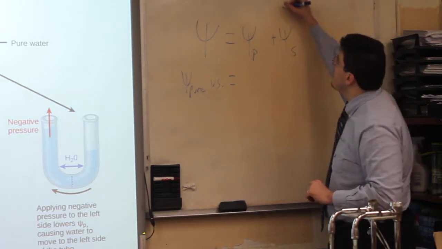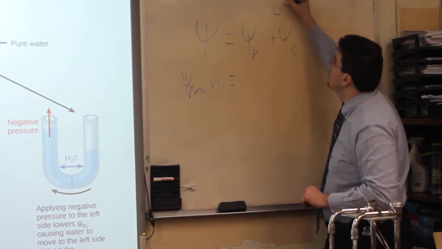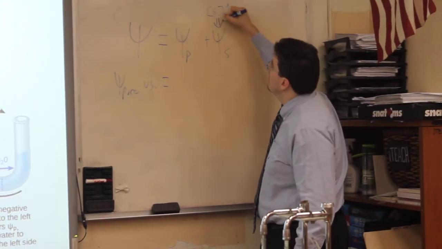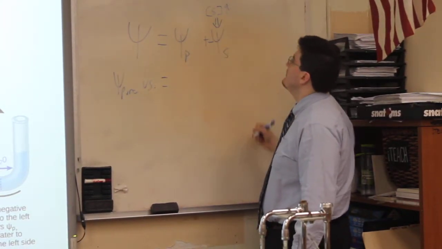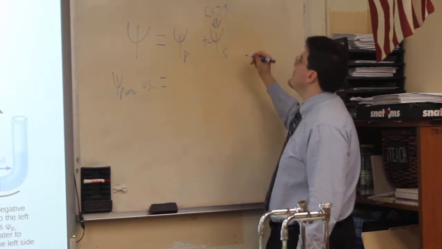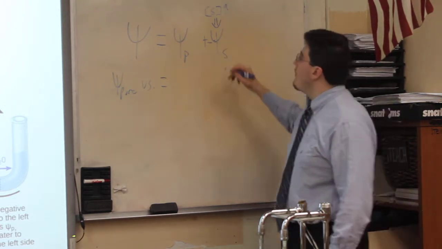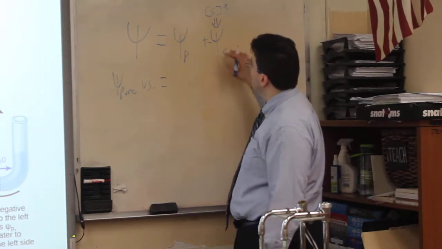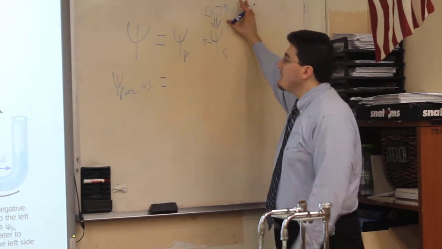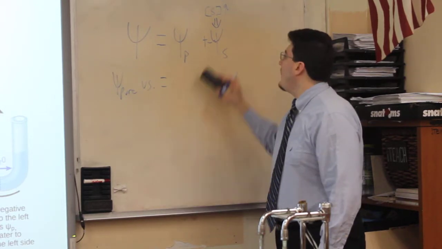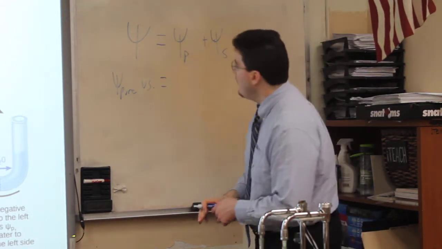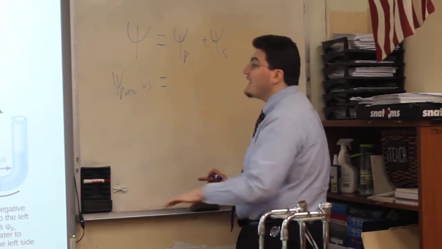An increased solute concentration gives us a negative solute potential that will lower our water potential. And decreased solute potential will raise this number and give us a higher water potential. So, I'm going to erase that so everything's nice and clean. Pure water versus high solute.